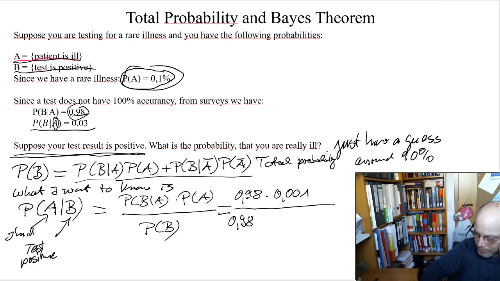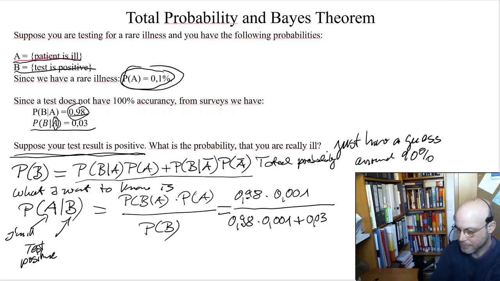0.98 times 0.001 plus P of B given not A is 0.03 times P of not A, the complementary event.